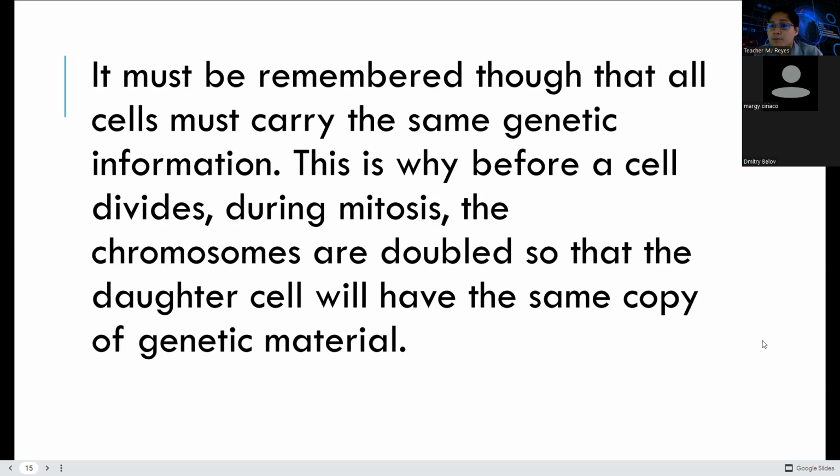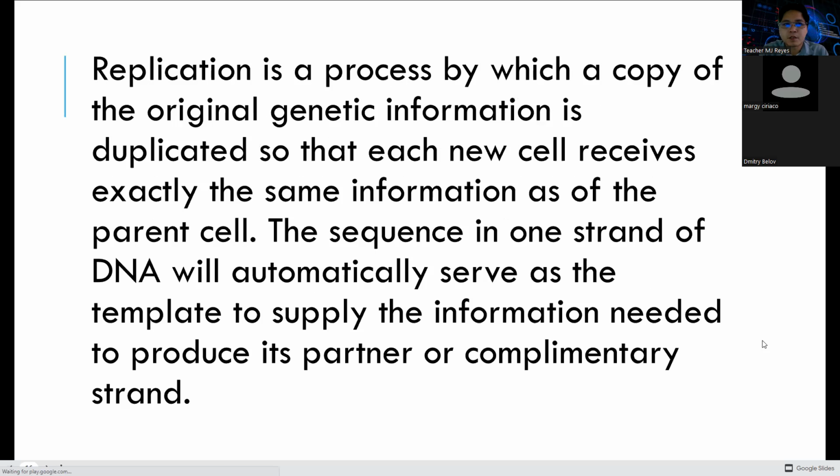It will become an abnormal cell, or it will become a cancer cell, because the genetic information in that particular cell is different from the rest of the body. This is why before a cell divides during mitosis or cell division, the chromosomes are doubled so that the daughter cell will have the same copy of the genetic material. Or otherwise, in the case of cancer cells, metastasis will happen. Metastasis is the spreading of cancer cells.